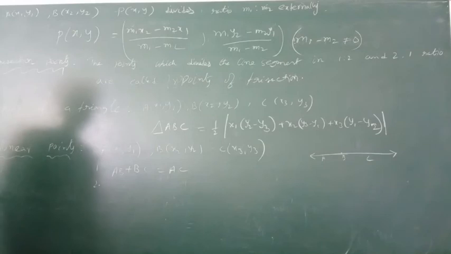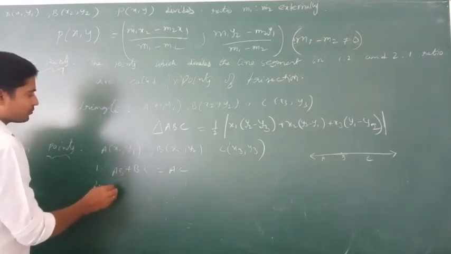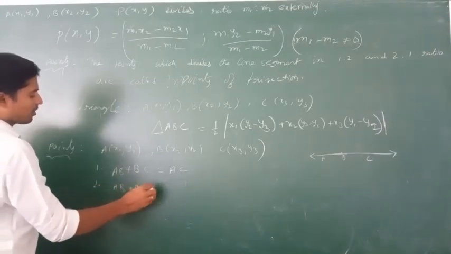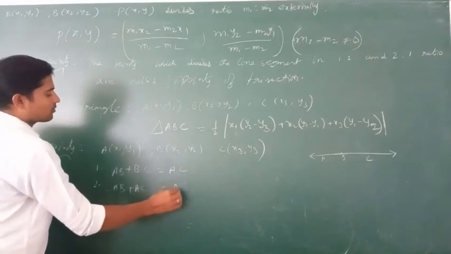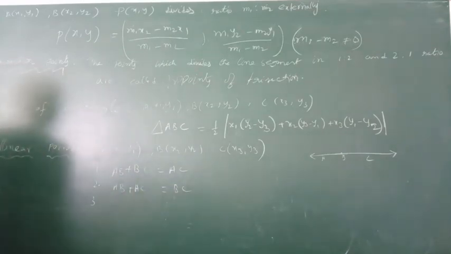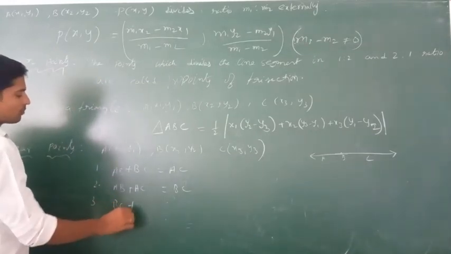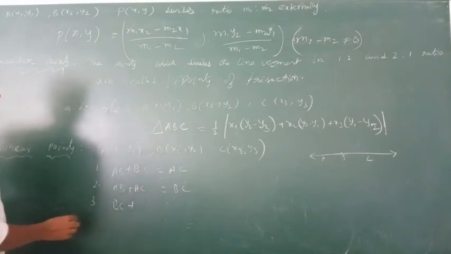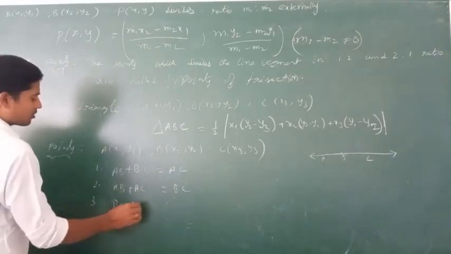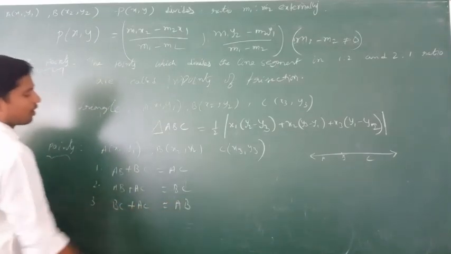Second, AB plus AC equal to BC. And third, BC plus AC is equal to AB.